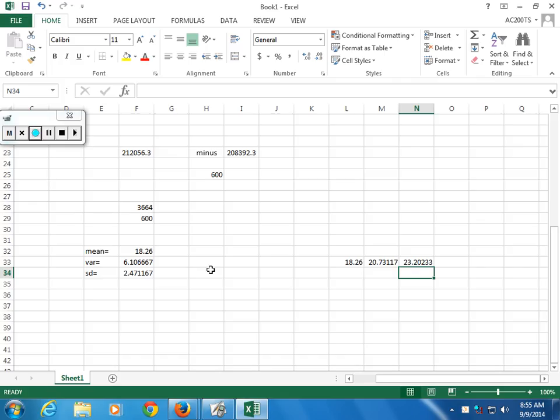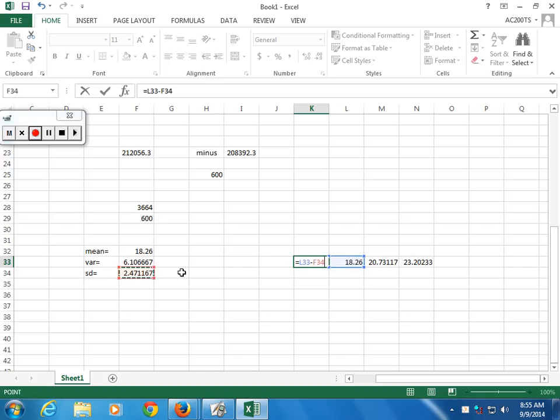That's why I don't like to enlarge it. And on the left side, this guy minus the standard deviation. And this guy minus the standard deviation.